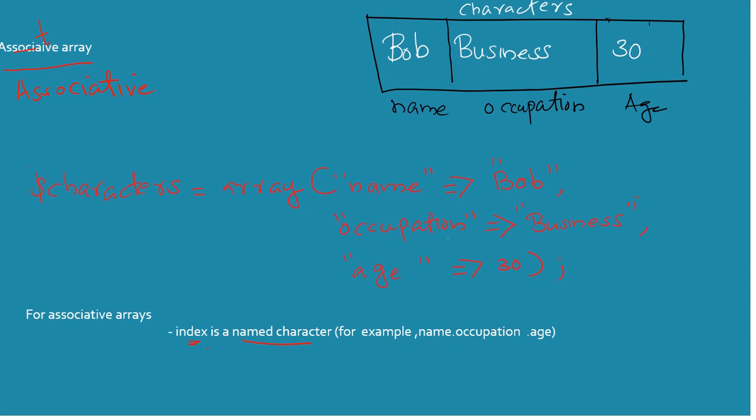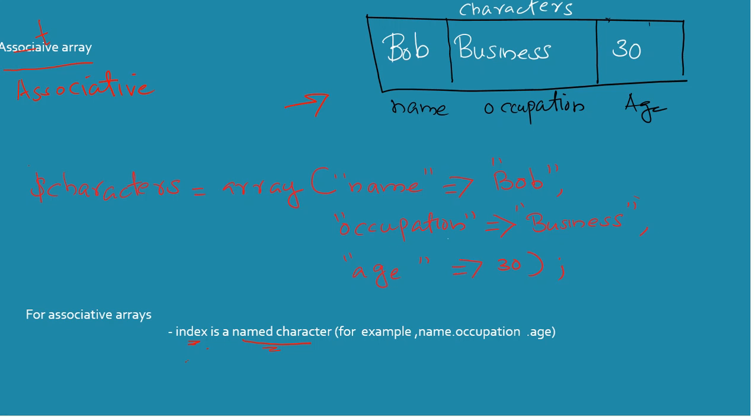Rather than using integer indices, usually we know that the array indices start from 0 and may go up to an integer value that actually decides the size of the array. Now, coming to the concept of associative array, here the index is not an integer value. Instead, it's a named character. You can see this example. This is an associative array where you can see the indices are certain strings, certain names.